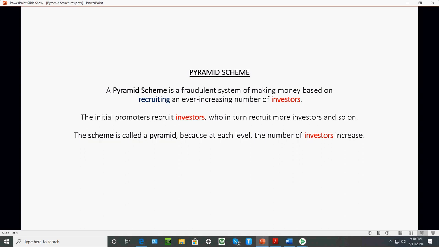Now, the people who run a pyramid scheme take the monies in from the last people that come into the scheme, and they take a portion of that money and give it out to the first people who came into the scheme prior to them. And they make believe, or get the people to believe, that the money they're receiving is a return on their investment.